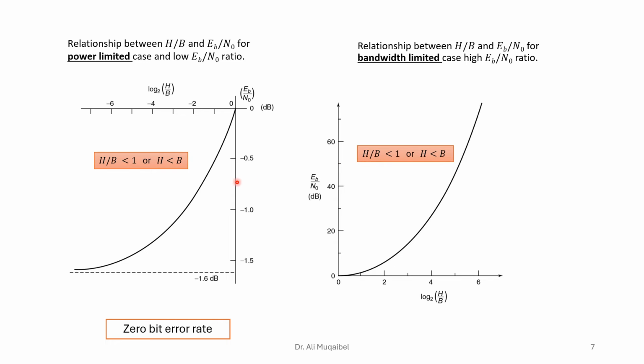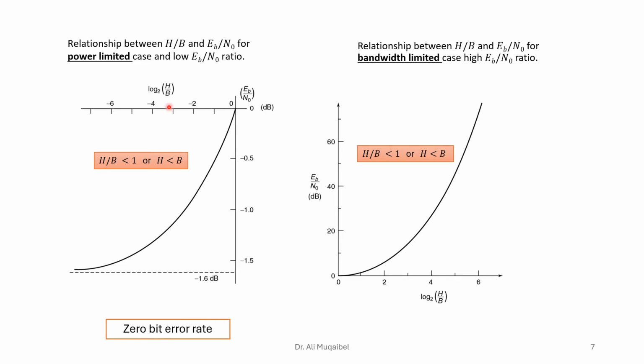In these diagrams, we show the relation between two scenarios. We have the power limited scenario and the bandwidth limited scenario. The power limited scenario is an application where we have a problem with the power. If you look at this axis, we have EB over N naught, and here we have small power, while on this side we have larger power. If you want to connect the two curves, it's possible, but I just want you to know that the y-axis determines the power.